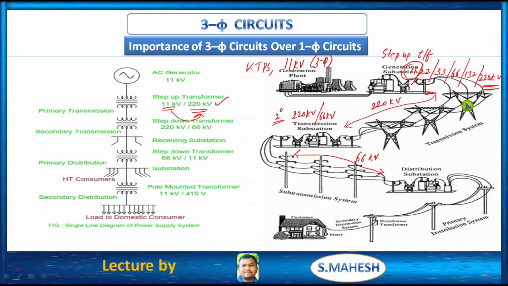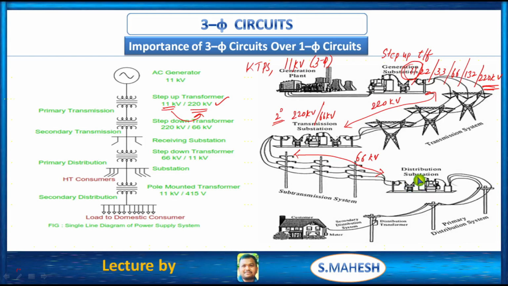So from here to here this transmission line is required to transmit 220 kV of power, but at this substation that 220 kV can be stepped down to 66 kV. Here I am talking about the voltage in terms of power. At this stage, that 66 kV of voltage can be transmitted from here to here. So this is the primary distribution substation.